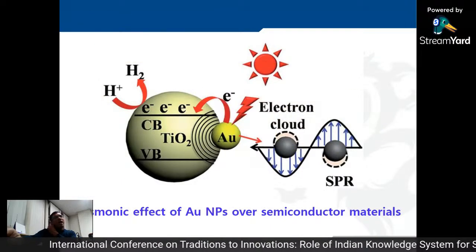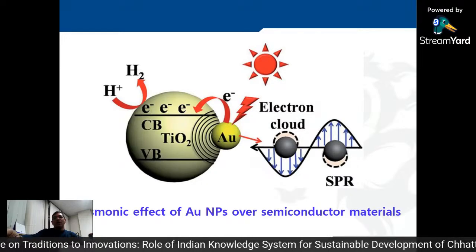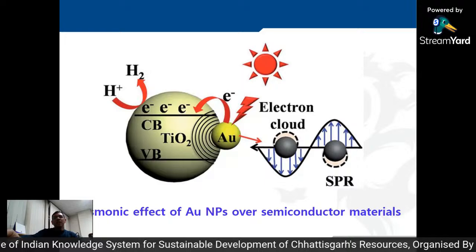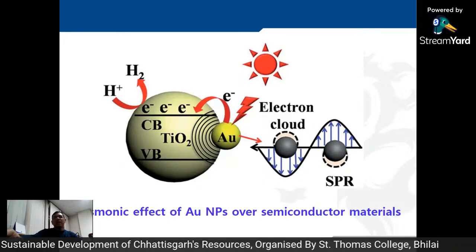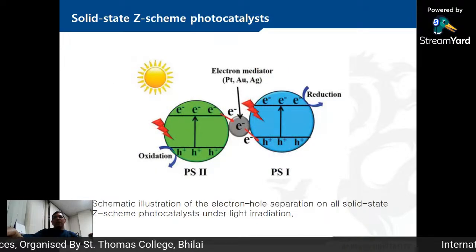Apart from that, we also use silver or gold nanoparticles or plasmonic semiconductor materials. If you use plasmonic materials, it also generates an internal electric field, and this is one of the strategies.